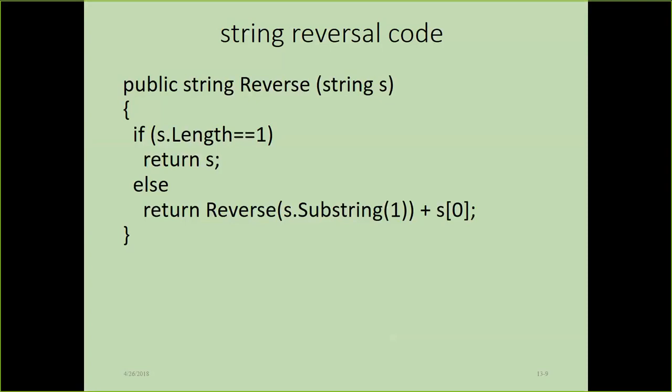So the base case is that if I am given a string with only one character, then the reverse will be the same thing, right? There is nothing to reverse. Same thing, like 8 will be converted to 8. So how can I see that I have only one character? I have to use the string length method.